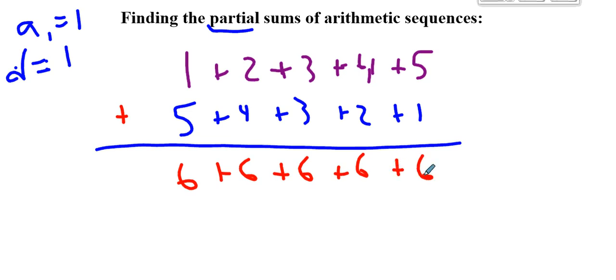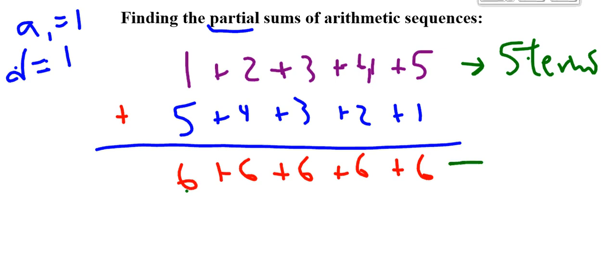Now, if we think about this carefully, this sequence has 5 terms, so I'm adding the first 5 terms together, right? And that means that if I add it to itself, now please note, when you add them, the first to the last, the second to the second to last, they all end up being the same value, that is 6.